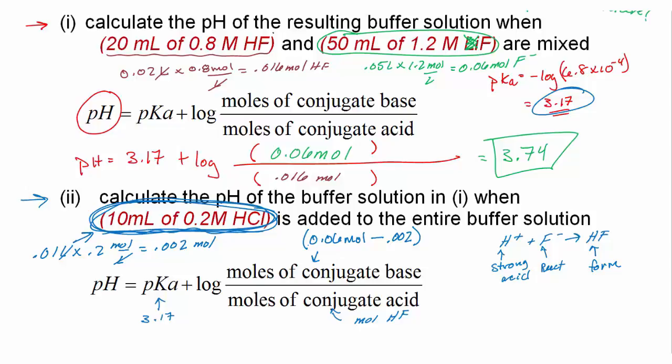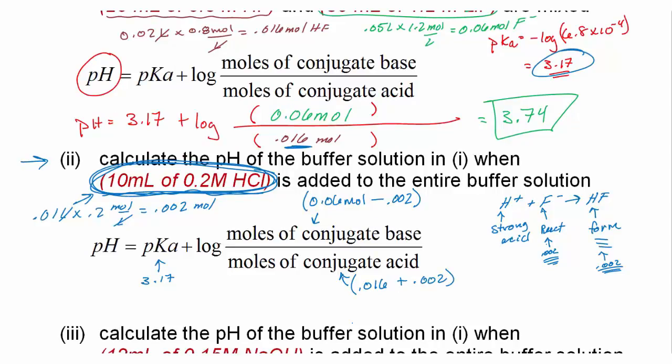Okay, the moles of HF that forms. So if 0.002 moles of F minus reacted, 0.002 moles of HF have to form. So before we had 0.016 moles of hydrogen fluoride. Now we're going to have 0.016 plus 0.002. Okay?